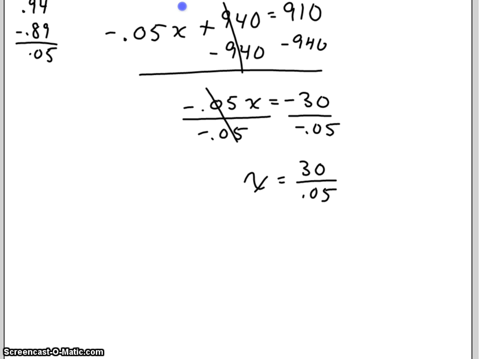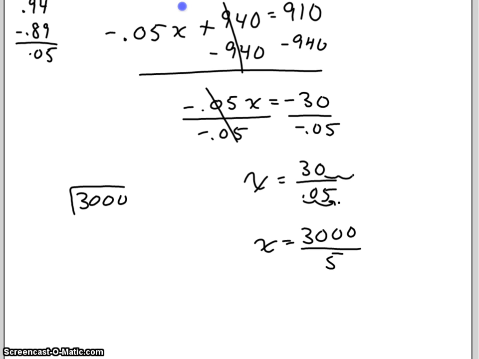Now one way to do this, if you don't have a calculator handy, is you can move this decimal over twice, so that means you have to move that over twice. So it's really 3,000 divided by 5. So let's go and figure out what that is. So that's just going to be 600.